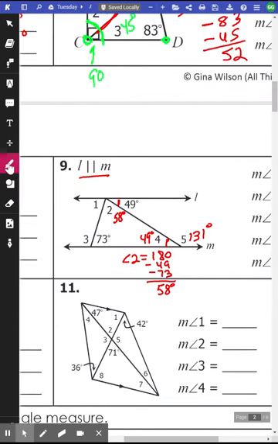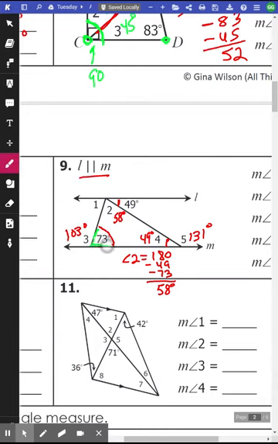Well, if we know that from here to here is 73, that means this has to be 103 degrees to complete 180. And guess what?